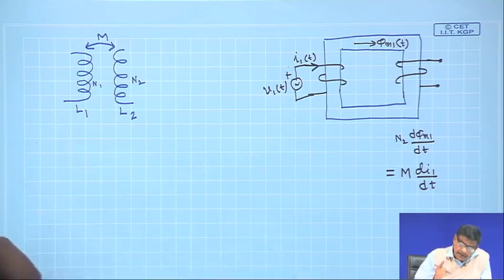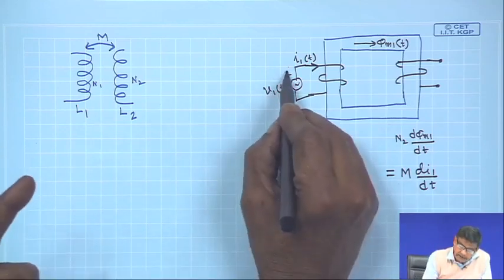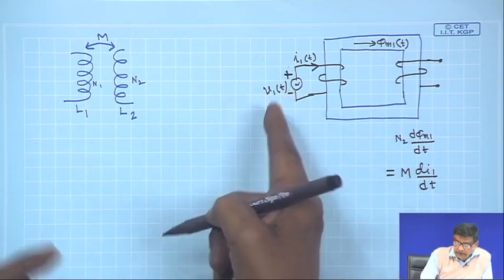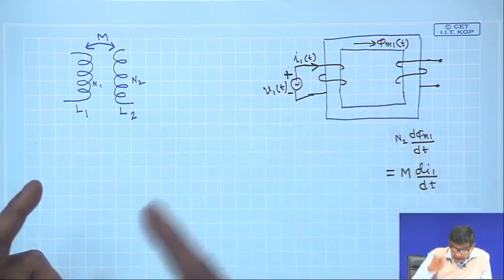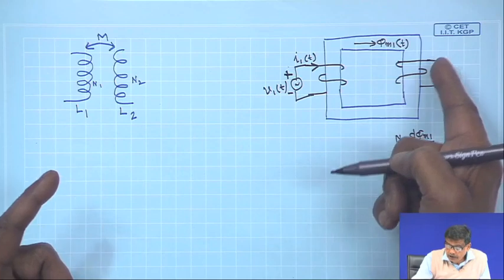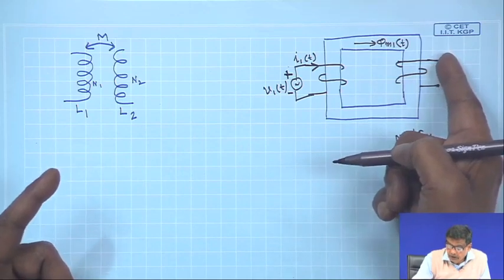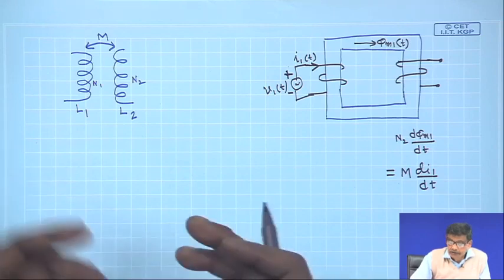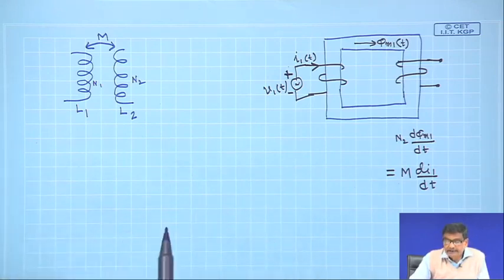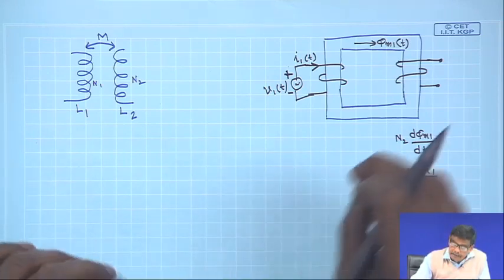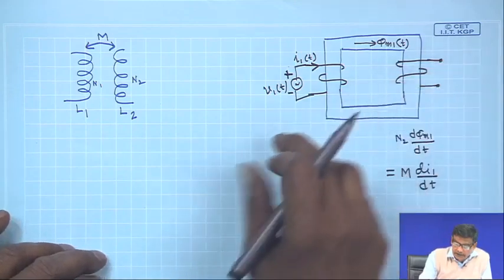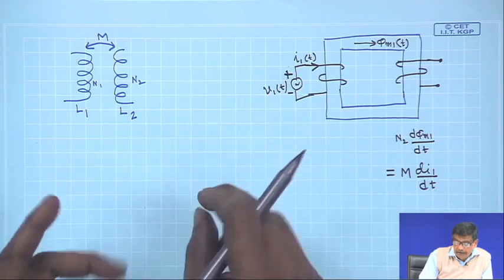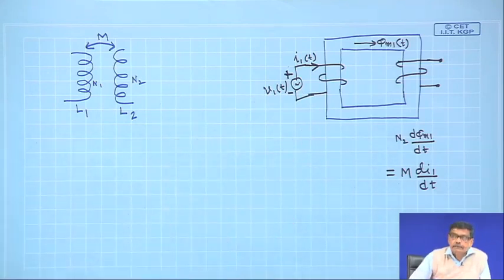Now, suppose at a given instant this is plus, this is minus. The question is, at that particular instant, which one of these two terminals will become plus and which one becomes minus? That is the instantaneous polarity of the secondary voltage with respect to the known polarity of the primary coil at the same instant.